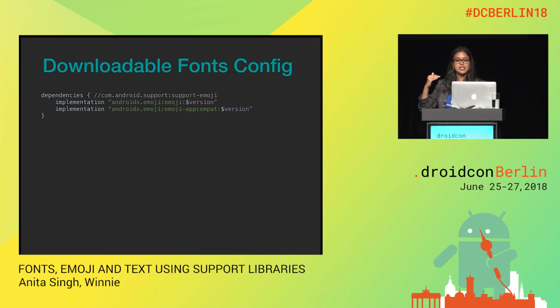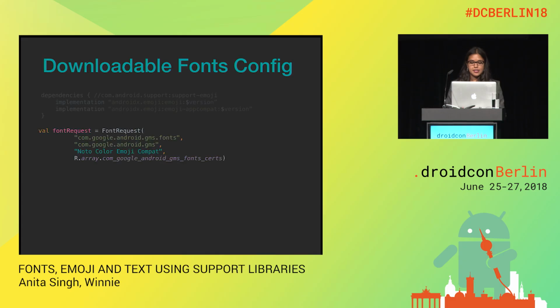The first dependency here is for regular text views, and the second one here is for app compat text views and edit text, etc. And again, you have your font requests, which is what we saw with downloadable fonts, except that over here, we use the Noto Color Emoji Compat, which is the font that allows us to have the latest emojis in Android.